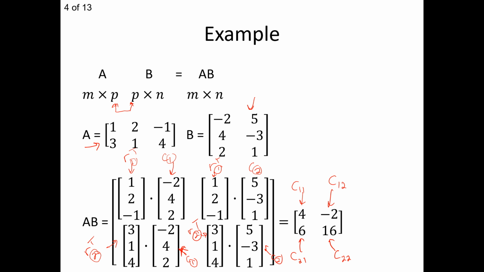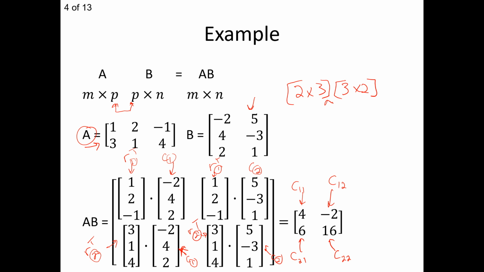And so that is the product of these two matrices, A times B. This is matrix multiplication, AB. Notice I should have expected that I would only end up with a 2 by 2 matrix, because A was a 2 by 3 matrix, and I am multiplying it by this 3 by 2 matrix.